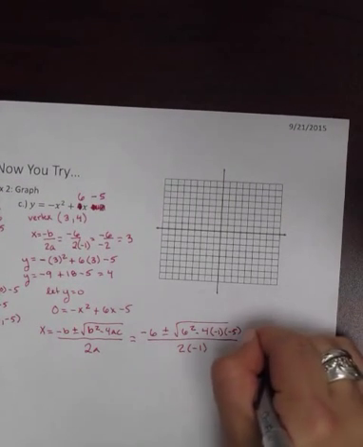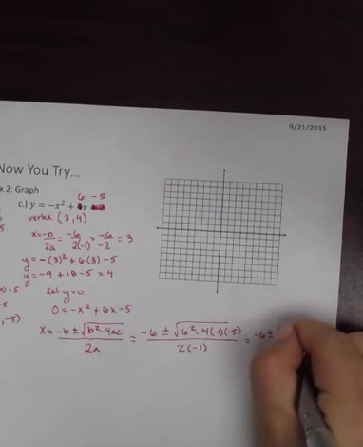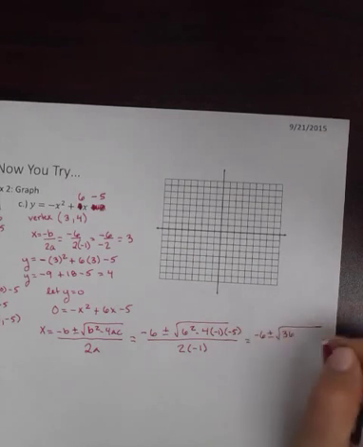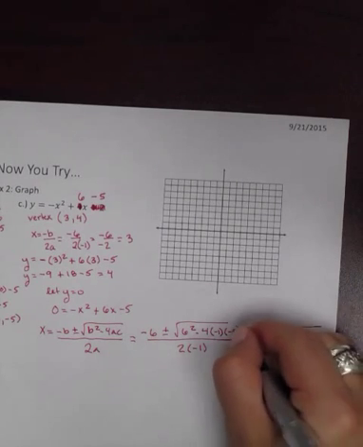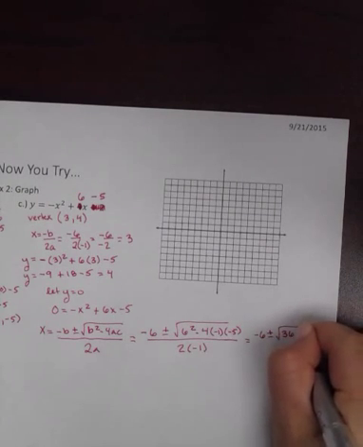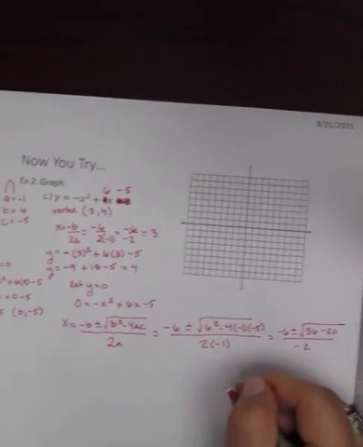I'm going to slide it over just a little bit. So I've got negative 6 plus or minus the square root of 36. Negative 4 times negative 1 is going to be a positive 4. Positive 4 times negative 5 is going to be negative 20 over negative 2.